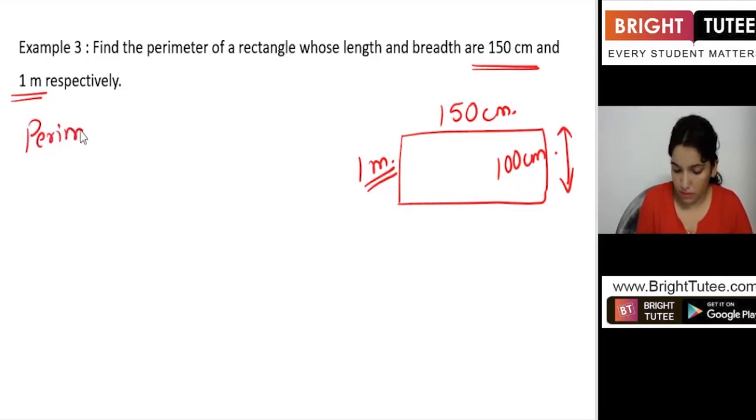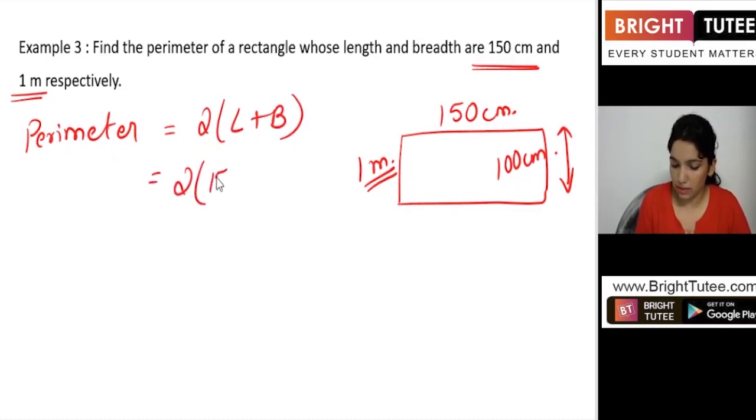So perimeter of a rectangle is equal to 2 times length plus breadth, right? So 2 times, what is the length? It is 150 centimeters and breadth is 1 meter. So we need to write both the numbers in a single unit, okay? I'm using centimeter as the unit here. So it is 100 here as well.